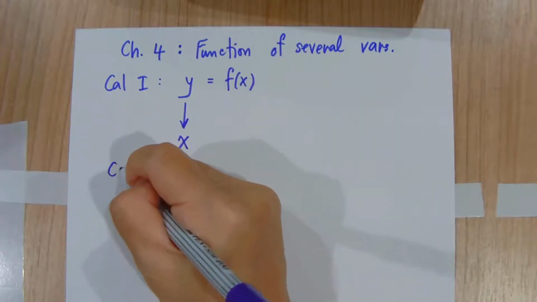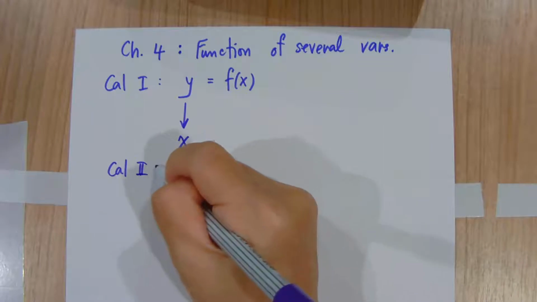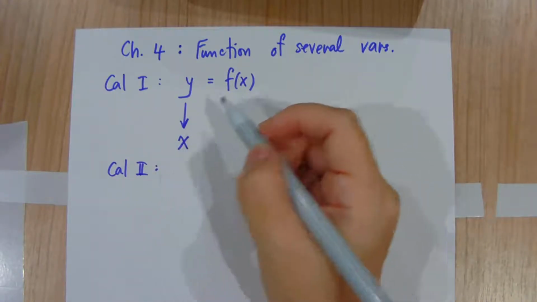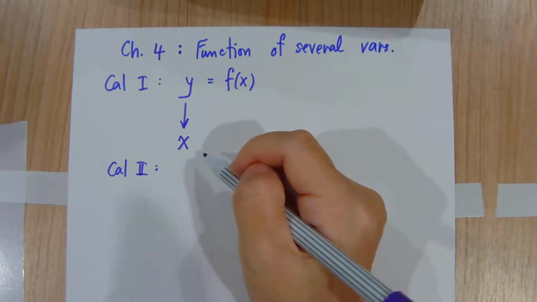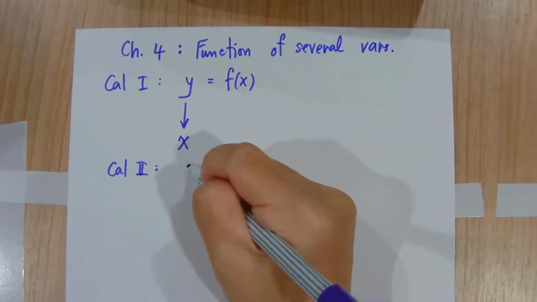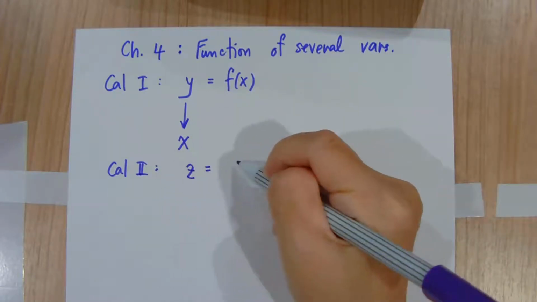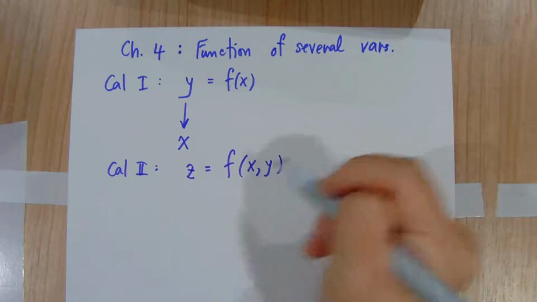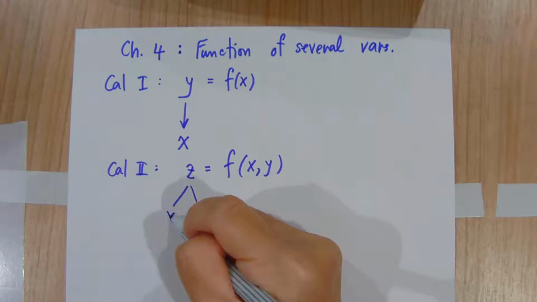And in calculus 2, when we talk about functions of several variables, right? For example, functions of more than one variable, functions of double variables, right? So we have the term c, right? And it depends on the variables x and y, right?